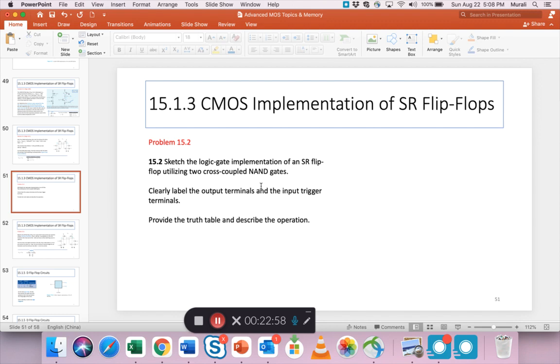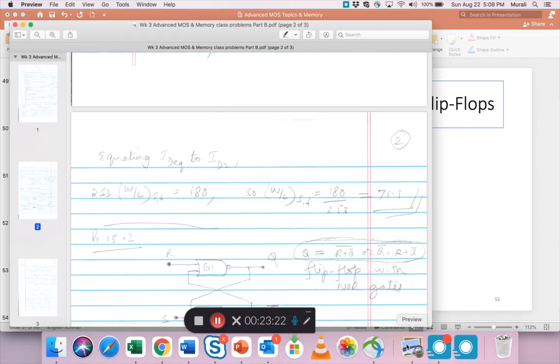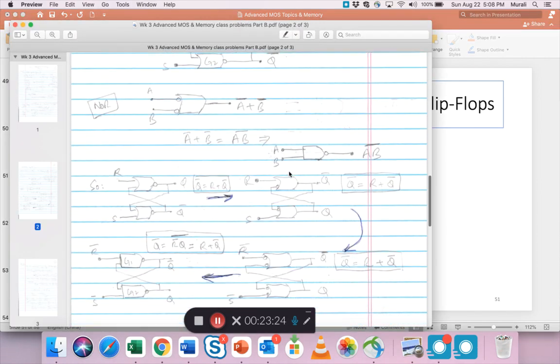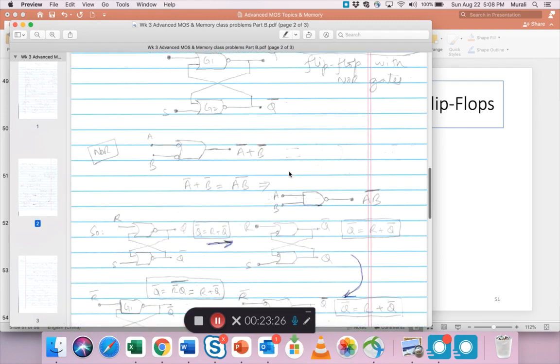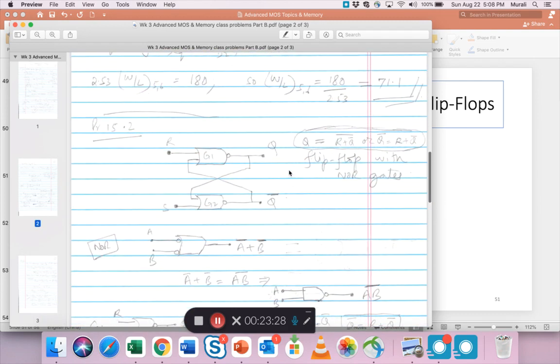So in the textbook, we already saw how you can connect two cross-coupled NOR gates to create a latch. But here he's telling us, use two cross-coupled NAND gates to create an SR flip-flop. Clearly label the output terminals, also provide the truth table. Okay? All right. So let me see if I can show you the solution.